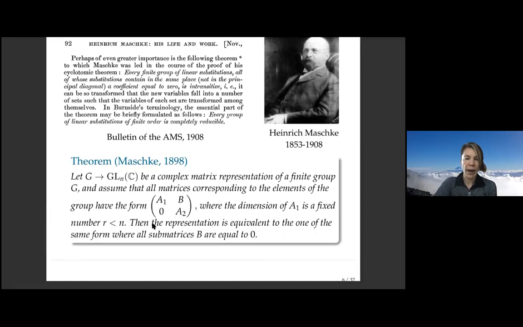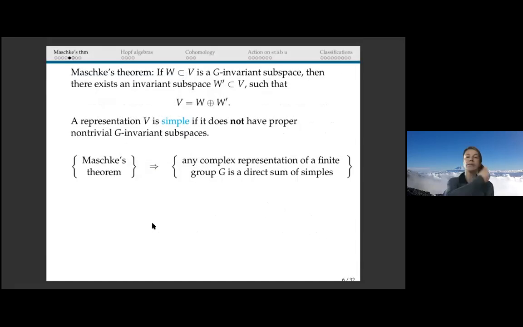And going back to Burnside terminology, it says that if you have a representation of G and a G invariant space, you can always find a G invariant complement. Now we say that a representation is simple if it doesn't have proper non-trivial G invariant subspaces. And then Maschke's theorem also means that any complex representation is a direct sum of simples, right?